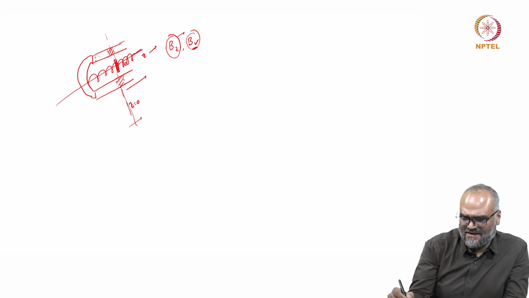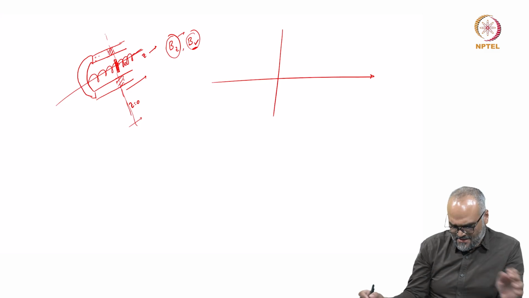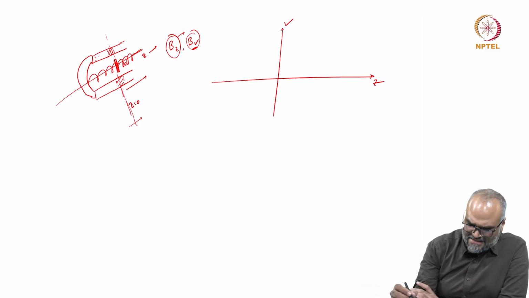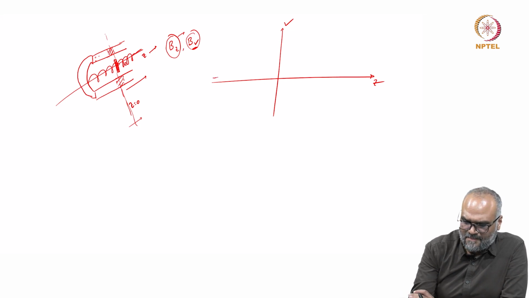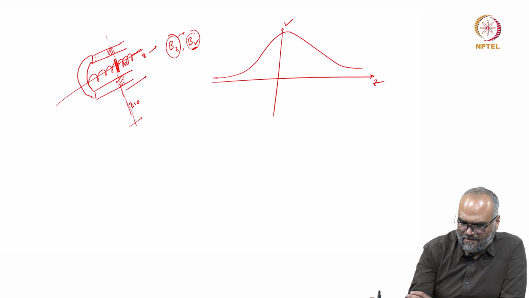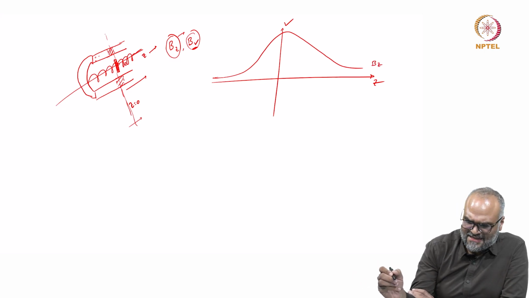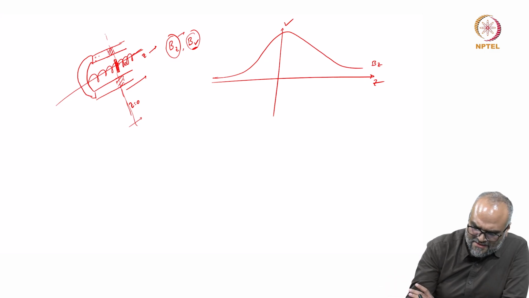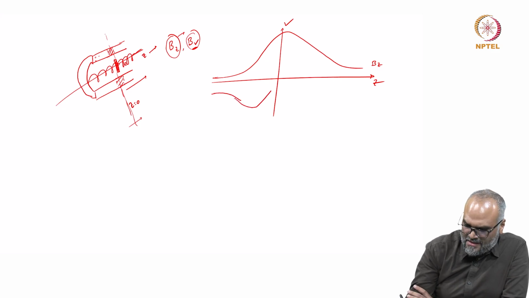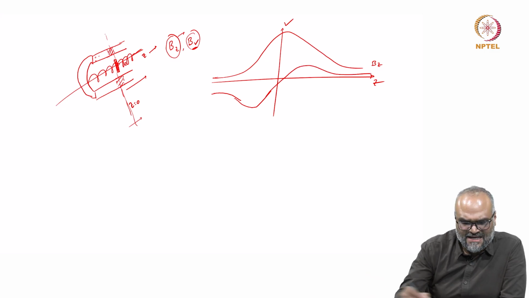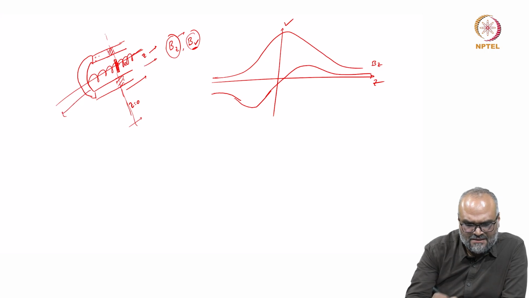So if I draw the variation of the magnetic field along the radial and Z directions, the field strength along the Z axis appears like this, and the field strength along the radial axis initially has a dip and then goes to a maxima, and it goes minimal as I go far away from the lens.